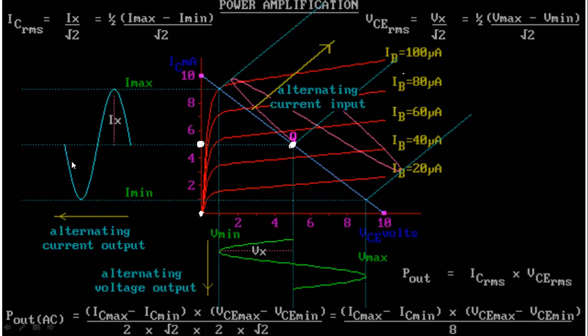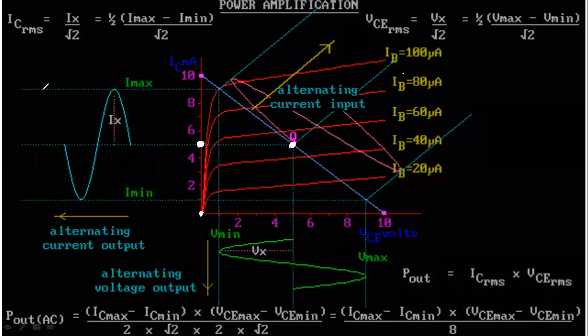If you fluctuate this current, you can write down a value for the IC RMS value. This one represents the RMS value of this sinusoidal signal. To compute the RMS value, as you know, you divide the peak value by √2.